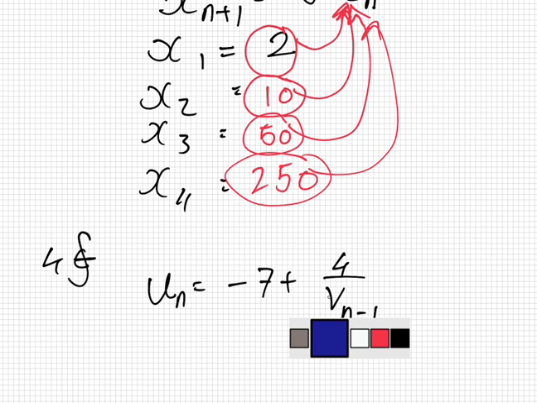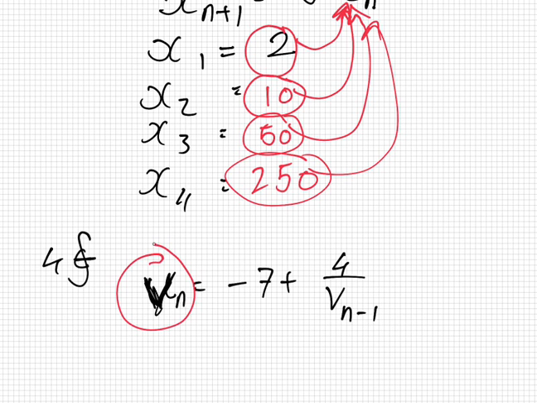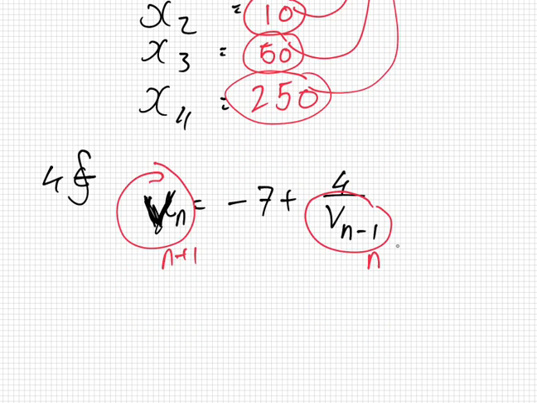Sorry, that's a u, not a v. That is a v here, not a u. This is still the next piece, and this is still the present piece, although I don't write n plus 1 and n. Instead, I write n minus 1 and n. But it's still the same idea, because what number comes after n minus 1? No, that's backwards. It's n. So it's still the same idea. If I tell you to start with 8, can you give me the next 3?